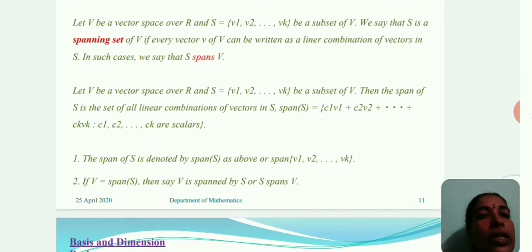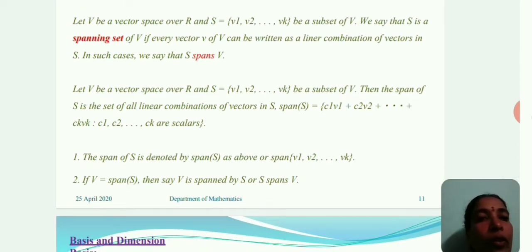The span of S is denoted by span of S as above, or span of the set v1, v2 and so on up to vk. Now another one: if V is equal to span of S, then we say V is spanned by S, or S spans V.